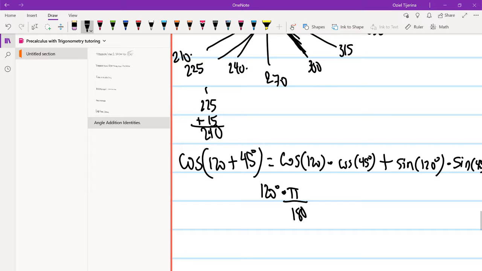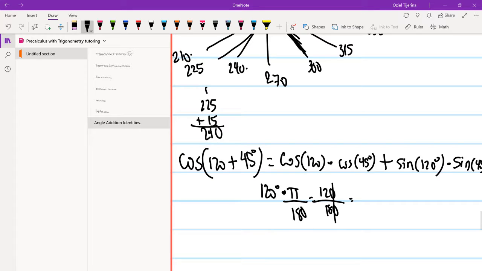The 0 cancels out, and you would have 12 pi over 18. You would divide that by 6, and you get 2 pi over 3.